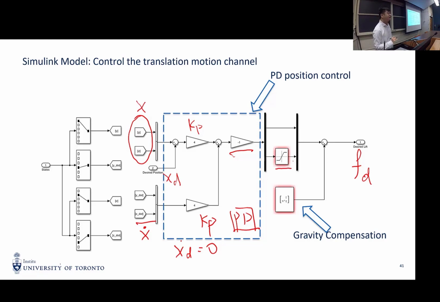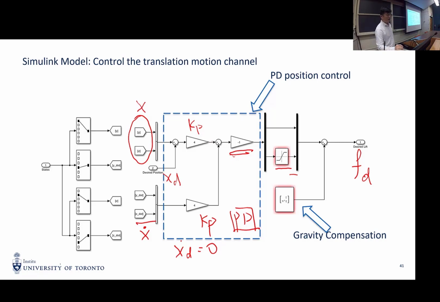This is a saturation module. This is for engineering practice, because a Quadrotor cannot produce negative lift. So if this produces a lift which is too low, we should have a lower bound to bound the required lift.